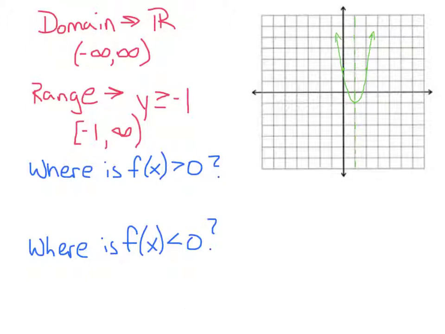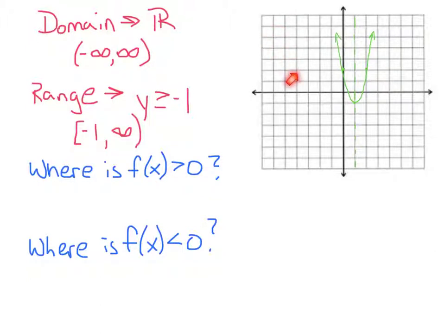What you have to understand is, when we say function, we are talking about f of x. f of x is the function, and f of x is the y values. So we're really concerned about y values being positive, and that's found in the first and second quadrant. The where in this question is referring to the x values. So what x values will return a positive y value?